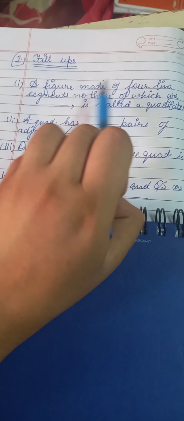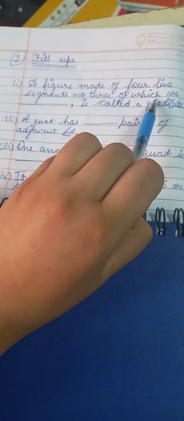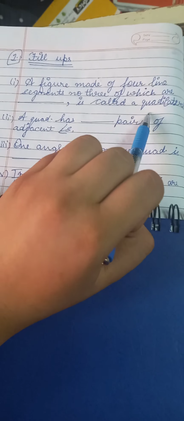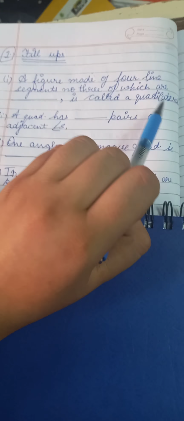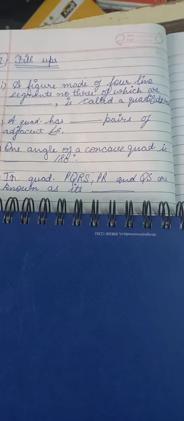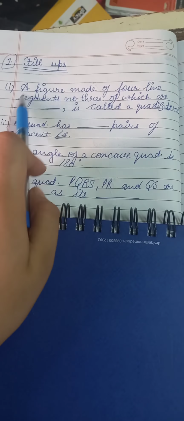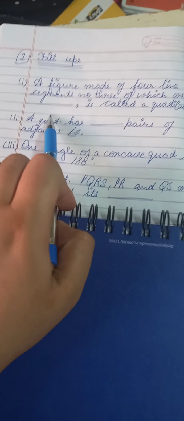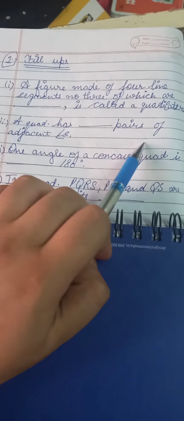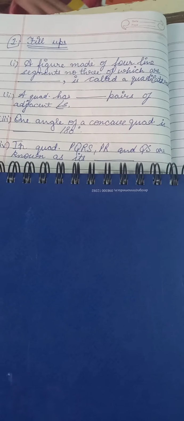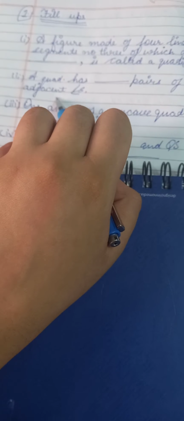See, a figure made up of 4 line segments, no 3 of which are dash, is called a quadrilateral. What is the answer? Find out. The answer is collinear, right? A quad has dash pairs of adjacent angles. How many pairs does it have? It has 4 pairs of adjacent angles.